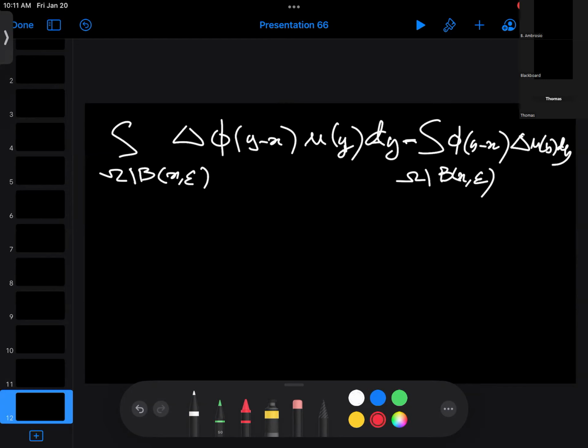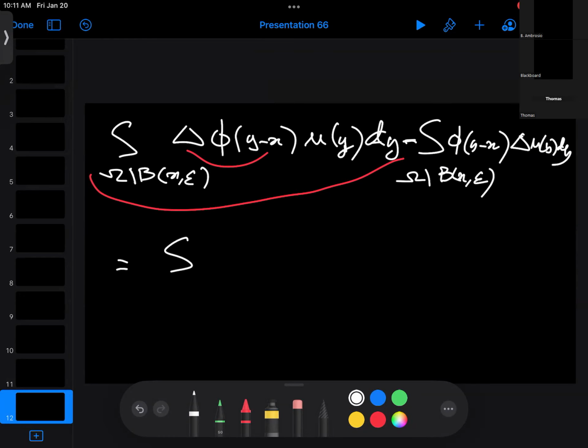So what can you say about that? But first I apply the formula. The formula gives me that this is equal to the integral. Since we work outside of a ball, I have two boundaries.